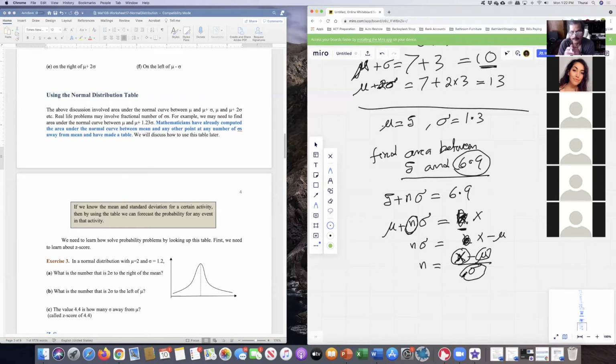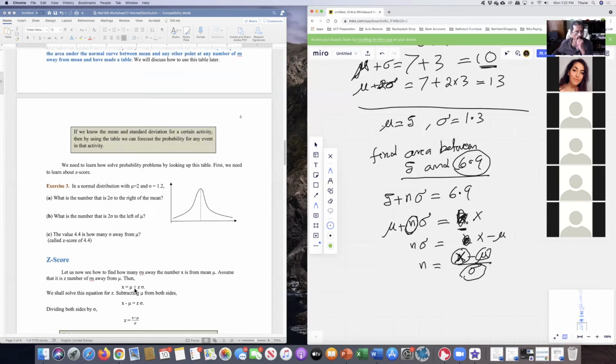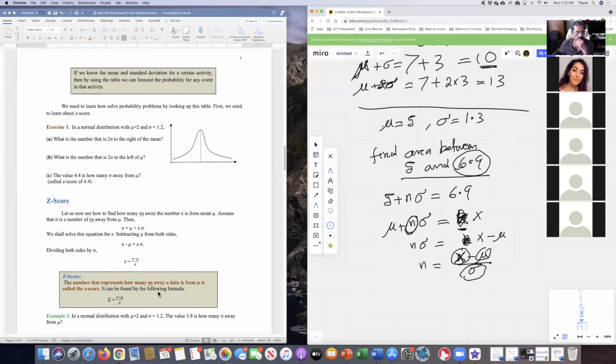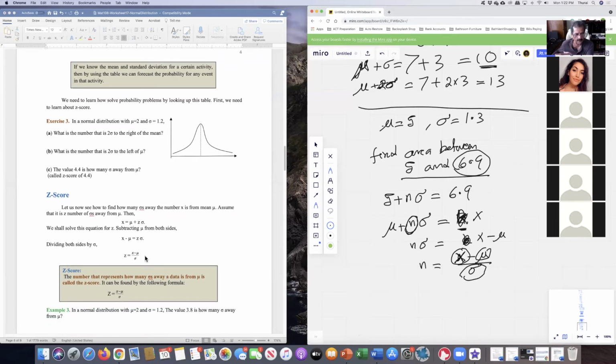And so the number you calculate this way is called the z-score. The z-score is given by x, the number they give you, minus mu over sigma. So simply use this formula to figure out the z.